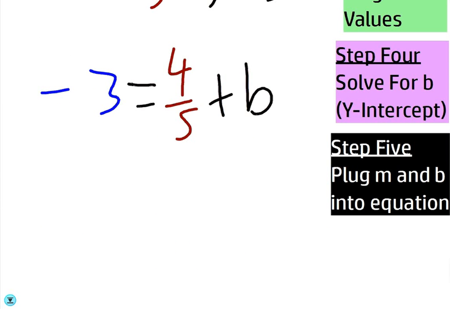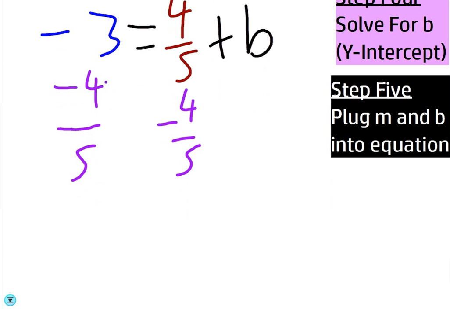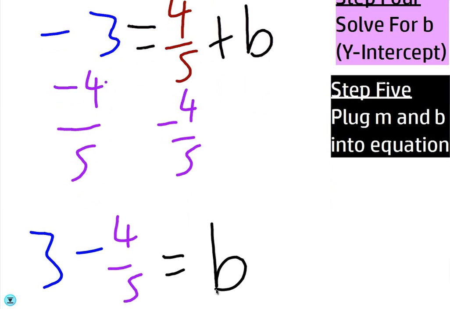Nice, thank you. Subtract 4/5 from both sides. Okay, so before I do anything, I'm just going to write that side by side. So we end up with negative 3 minus 4/5 equals b. Thank you, I would have totally missed that.